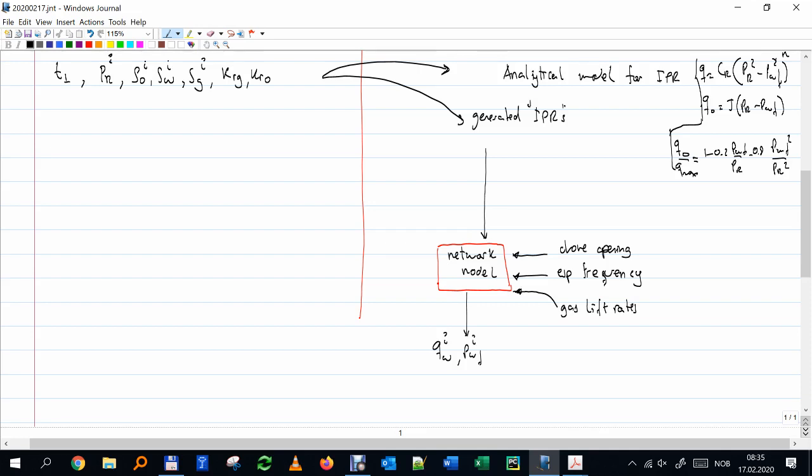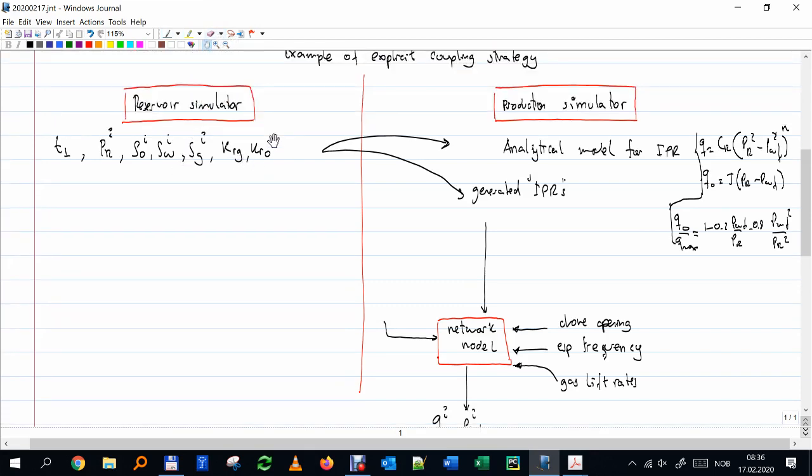And besides that, I also need to have target rates, right? Because these reservoir guys have said that if possible, I need to get some target rates that they have indicated are best for depletion of the reservoir.